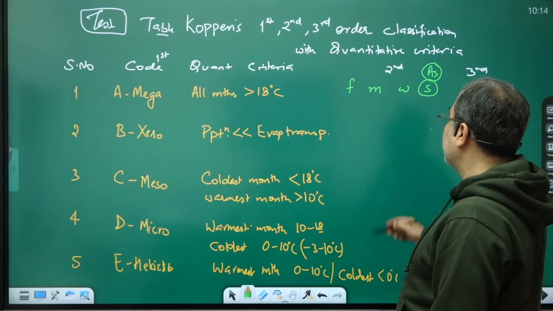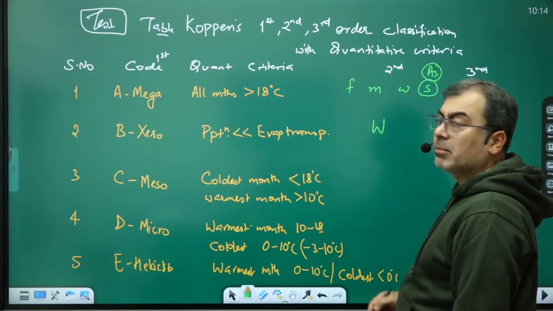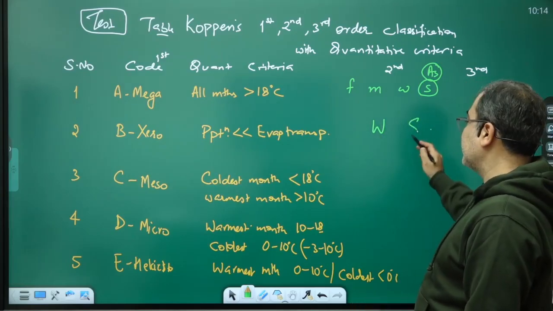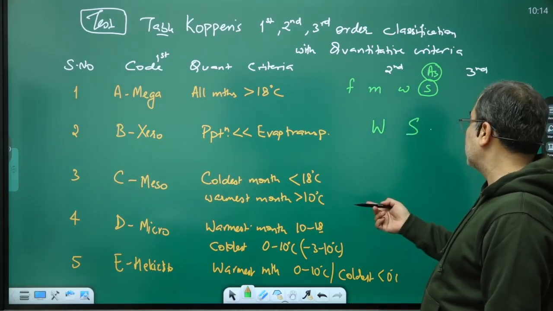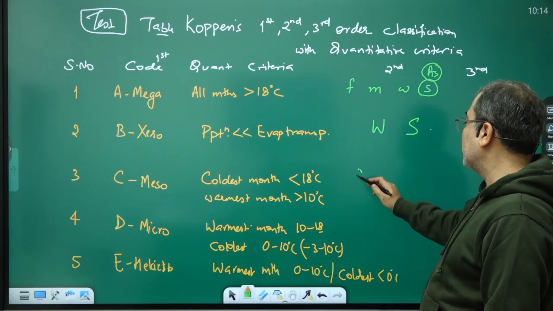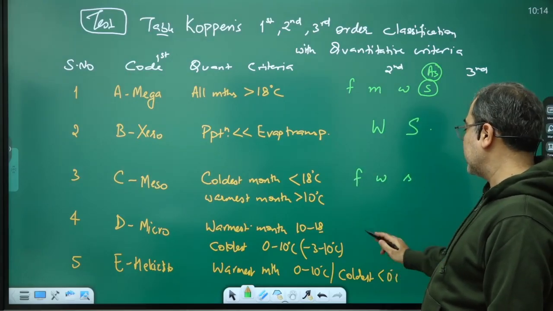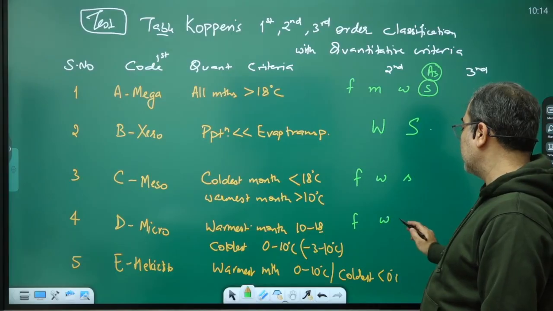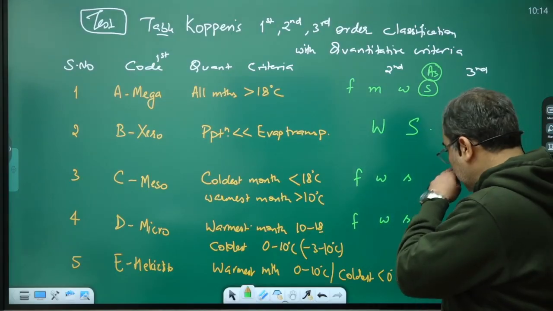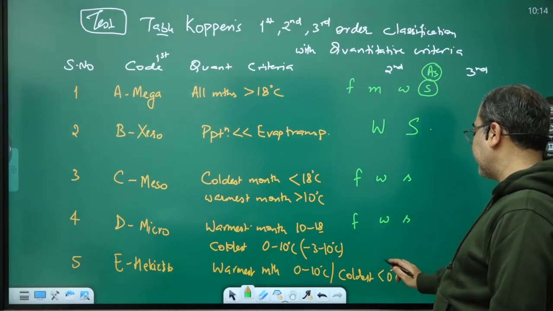For B, we had BW. W means arid and semi-arid. C was FWS. No M because monsoonal effect will not be there. This was also FWS. And E was ET and EF.